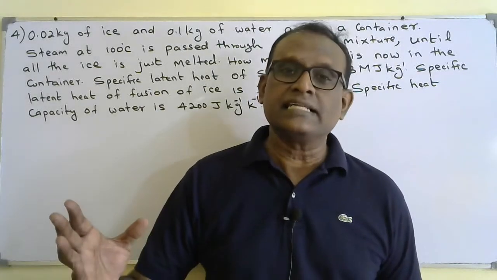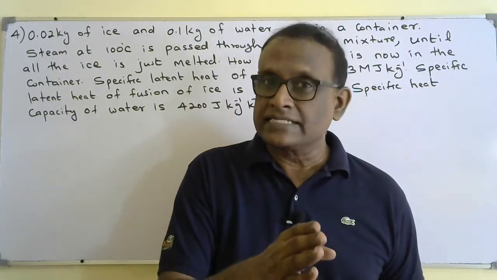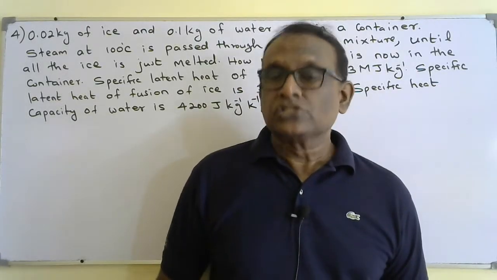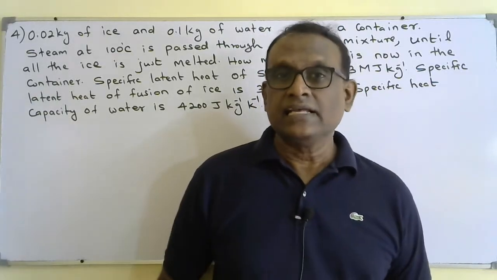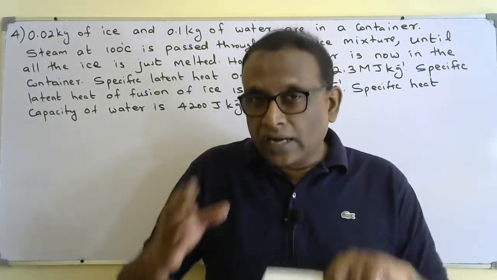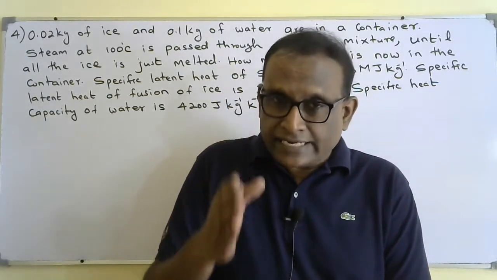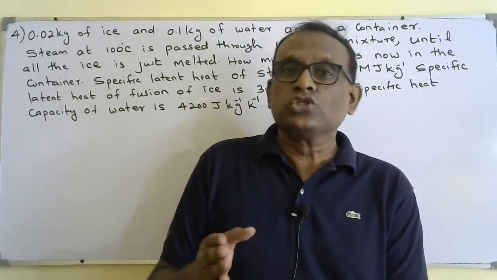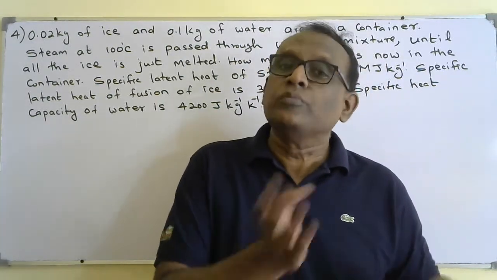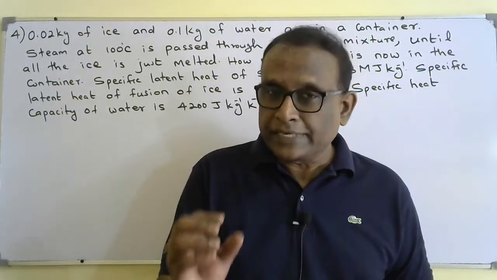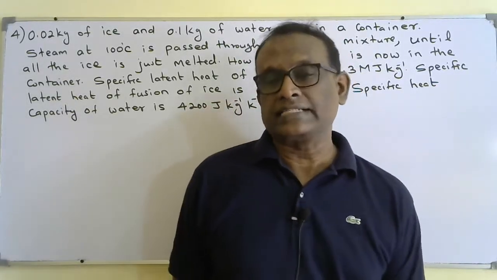So when 100 degrees Celsius steam becomes water, it will be 100 degrees Celsius water immediately. So the steam is going to lose heat during condensation. Then what's going to happen? The water produced during condensation, which is at 100 degrees Celsius, is going to lose its heat further to melt the ice until the temperature of this condensed water becomes 0 degrees Celsius.